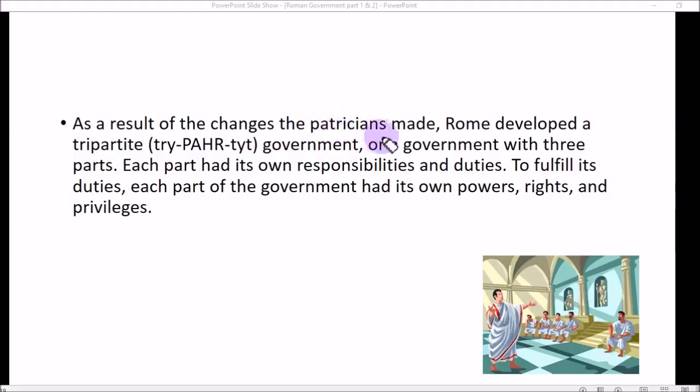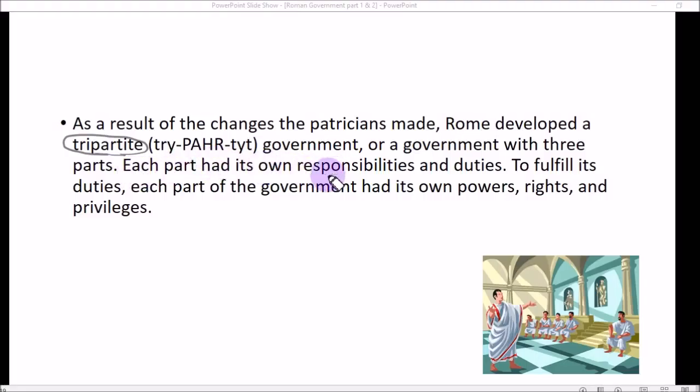Okay, so tripartite. That is a good word. That's not our word though, but that's a good one. It comes from the word triple or tri, meaning three, and government. So a government with three parts essentially is what it is.